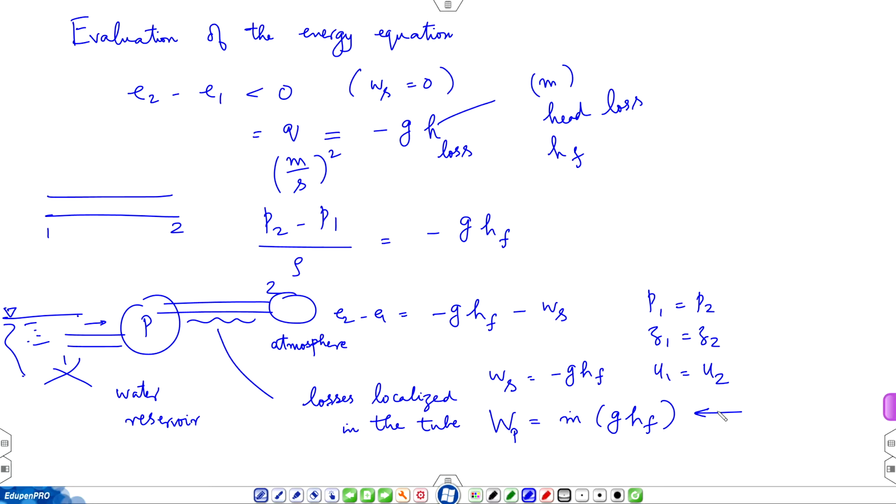It may seem rather trivial that if H f is given, yes, I can solve the problem. So, the inequality has become an equality. Here is an example where pump work overcomes the losses in the tube.